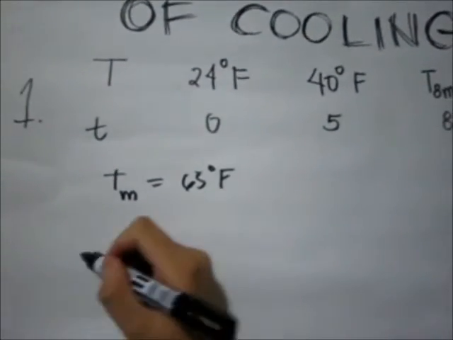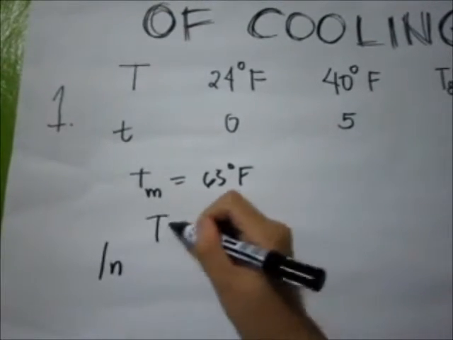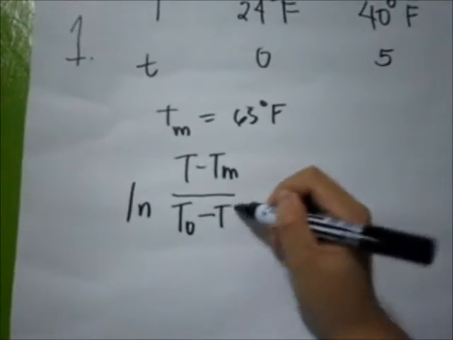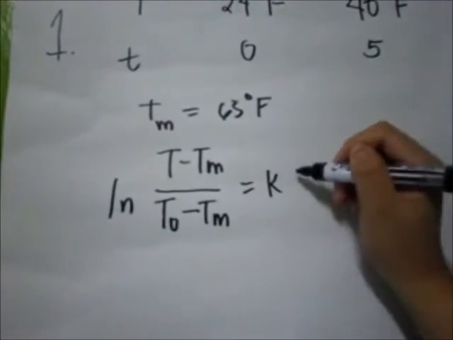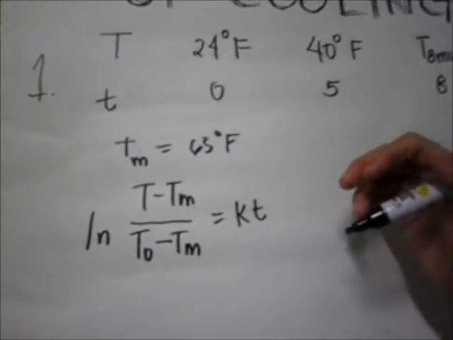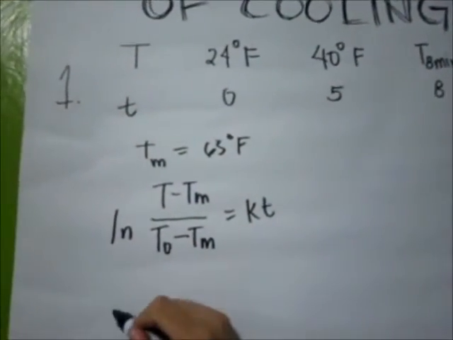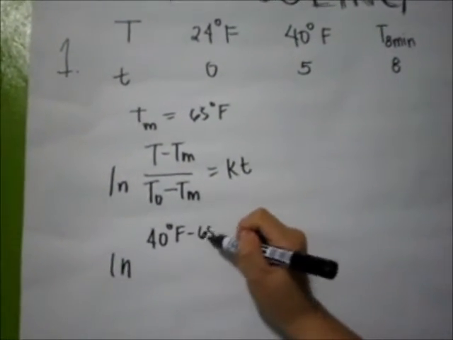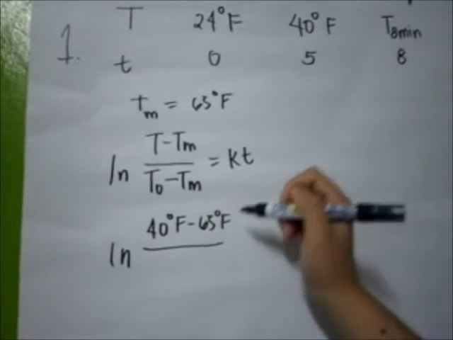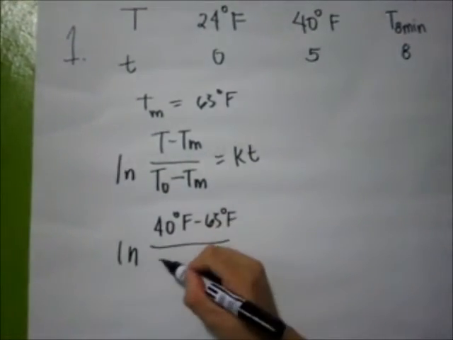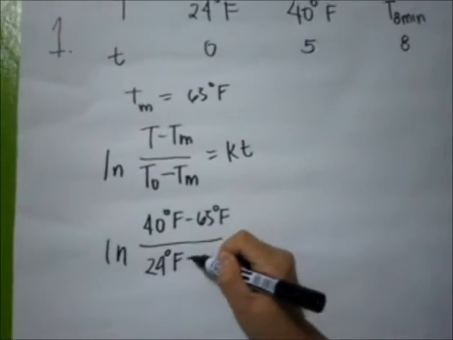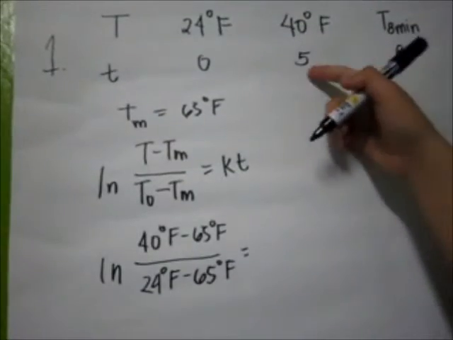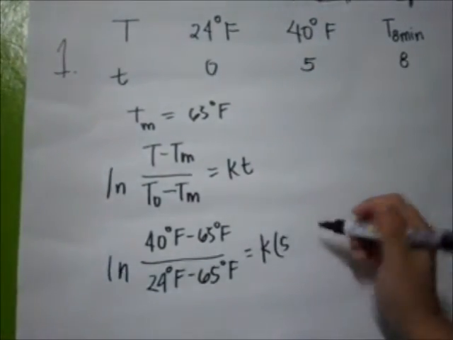We use the formula ln of T minus Tm all over T naught minus Tm is equal to kt, where our T will be 40 degrees Fahrenheit and Tm is 65 degrees Fahrenheit, and our T naught will be 24 degrees Fahrenheit. And for our time, 5 minutes.